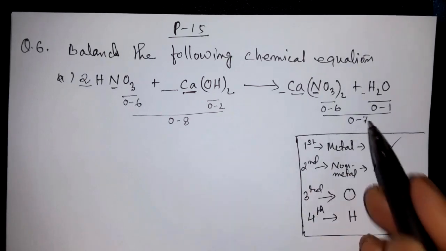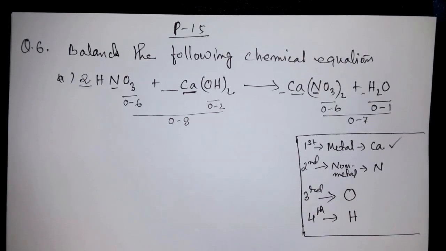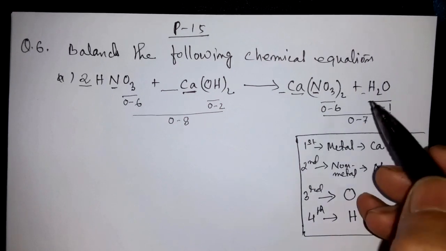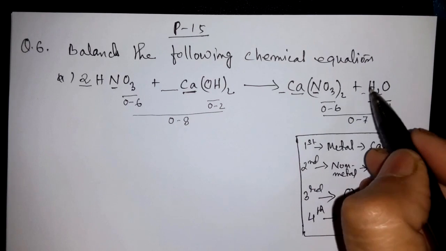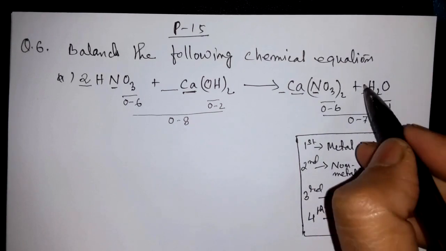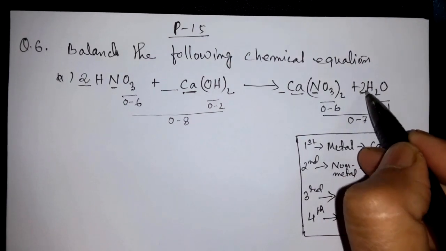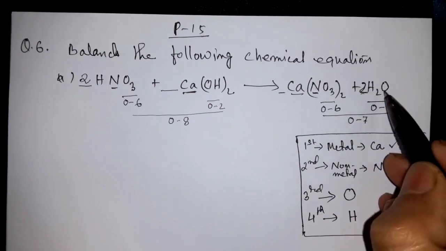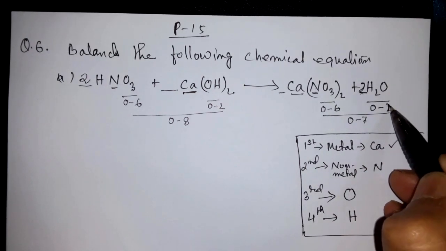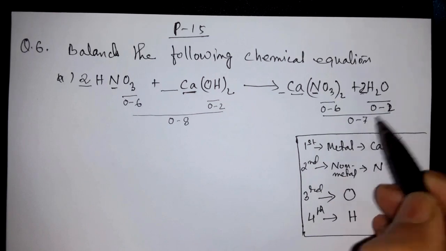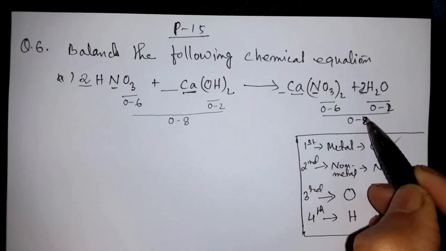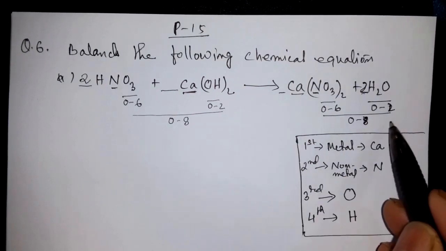So this is not balanced. So what we can do, if you put 2 here, then this oxygen will become 2, and then 6 plus 2 you'll get 8. So now oxygen is balanced.